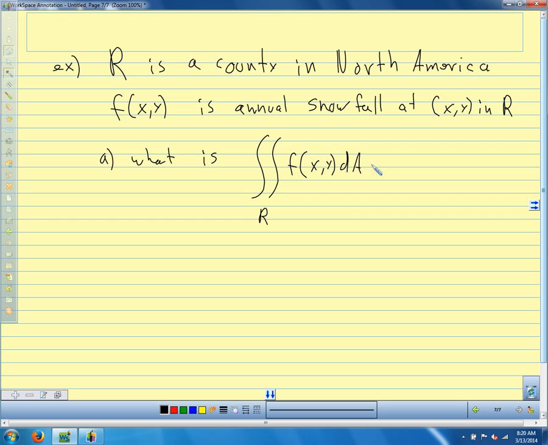If f of x,y is the annual snowfall at (x,y) in R, what does this double integral represent?